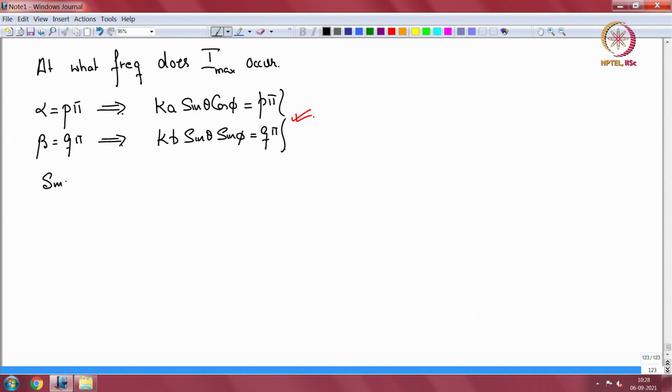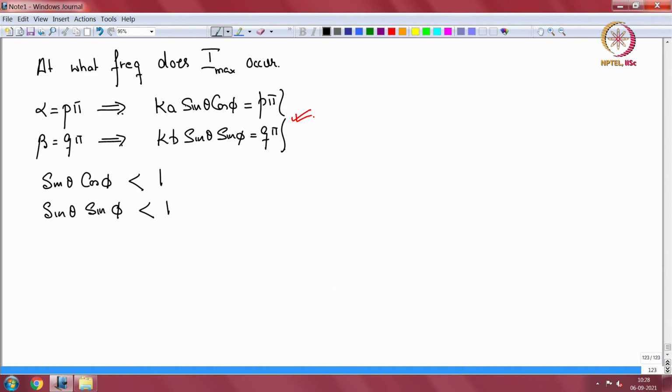Sin theta cos phi is usually less than 1, for most angles. Then sin theta sin phi is also less than 1 for most cases. So that means what?